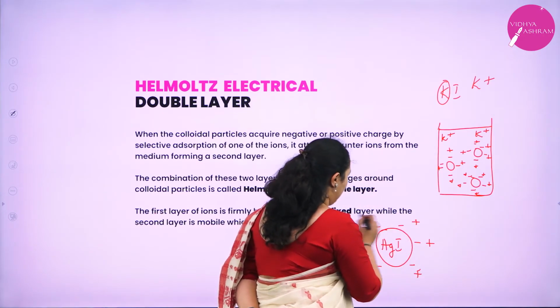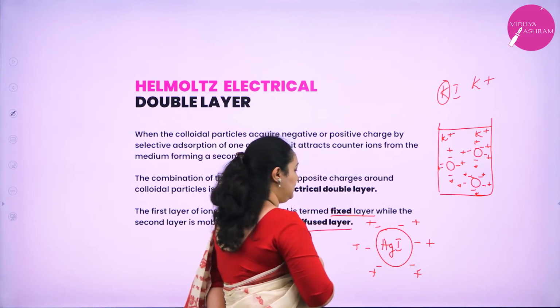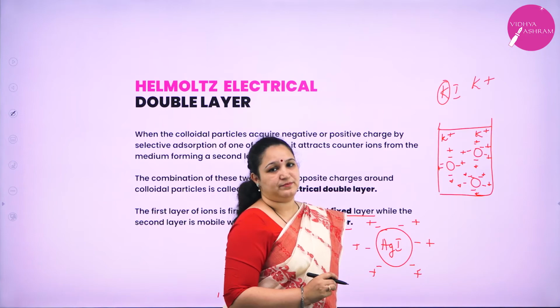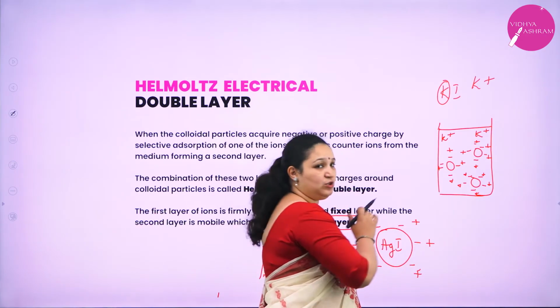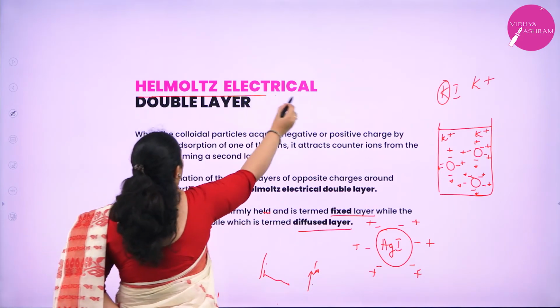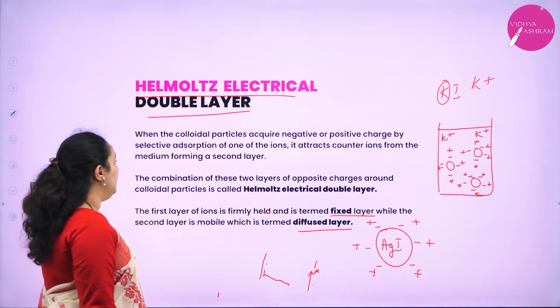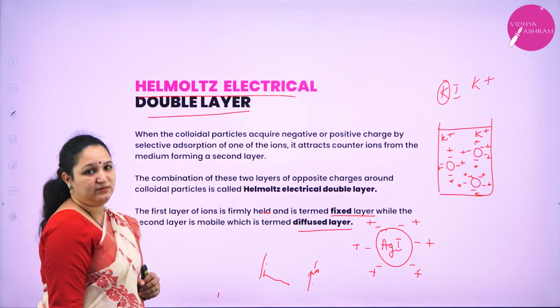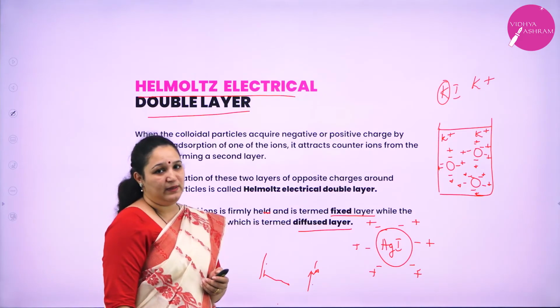So the first layer is called the fixed layer and the second layer is called the diffused layer. Okay, and these two layers are called the Helmholtz electrical double layer. Okay, so that is about the double layer.